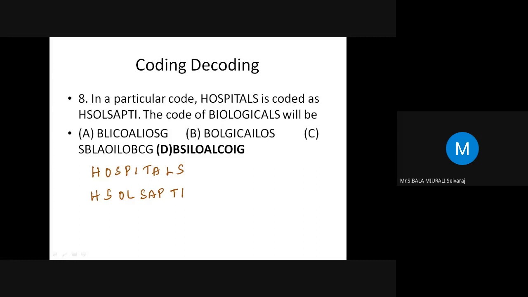So what is the relationship? Alternate letters come. No, it is not alternate. H is the first one and S is the last one. It is like a zigzag.